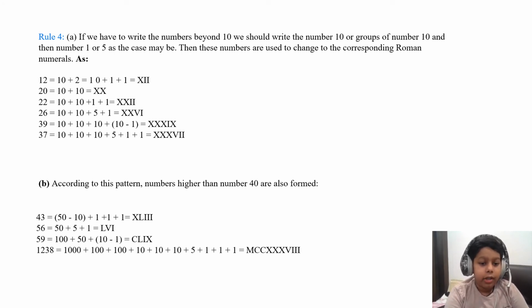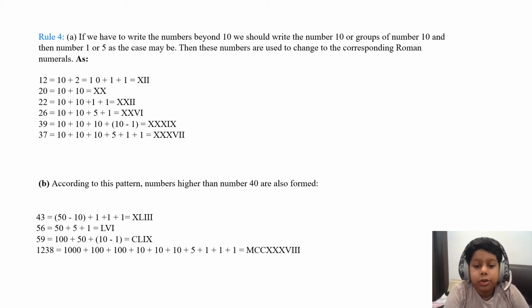Rule number 4. If we have to write numbers beyond 10, we should write the number 10 or groups of number 10 and then number 1 or 5 as the case may be.